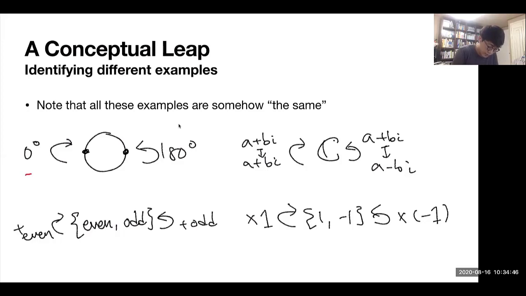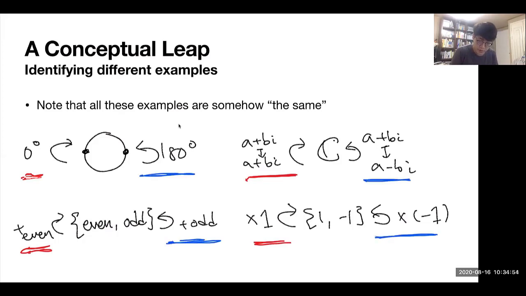In all of these four examples, you have one transformation that does nothing, and the other one that does something. And the common feature is that if you repeat the blue transformation twice, you would get back to the red one.